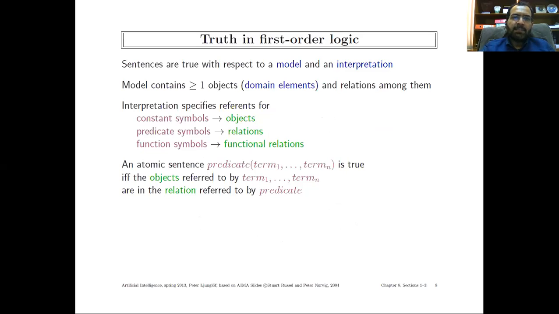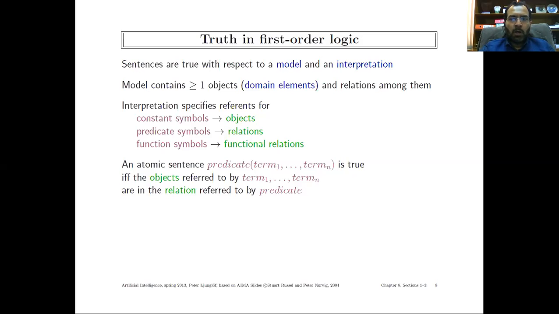Interpretation specifies referents for constant symbols, normally objects, and predicate symbols for relations. As I told you earlier, function symbols are also called function relations. Now when is an atomic sentence true? An atomic sentence is true if and only if, IFF always represents if and only if, the objects referred to by the terms are in the relation referred to by the predicate.